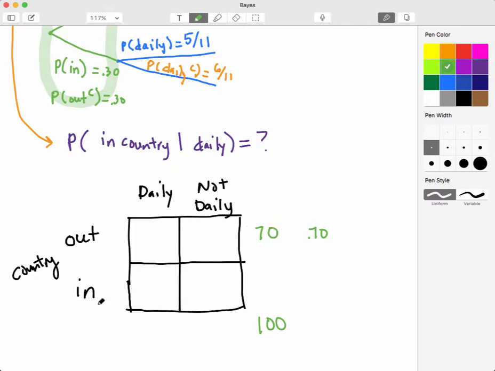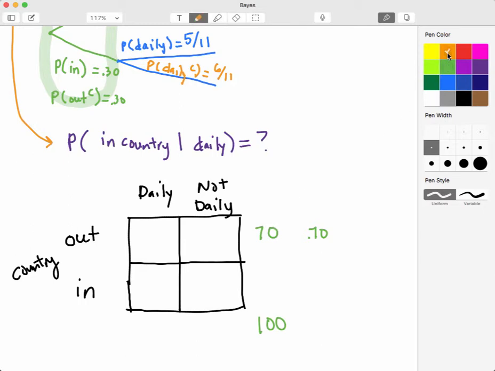I didn't fill in the blanks here in the squares because these squares overlap: daily and outside of the country, and here's the square for not daily and outside of the country. If I put a total, this is a marginal total, it says everybody in this row adds up to 70, whether they log on daily or not, but 70 people are outside of the country.